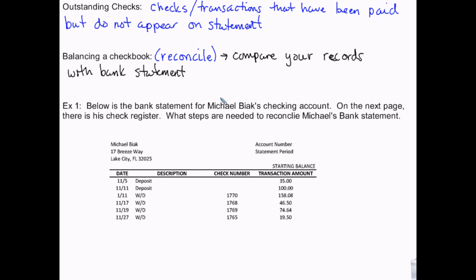And then you're going to do some math because, like I said, their dates and your dates, so their transactions and your transactions, and when things fall into the bank won't necessarily match. So you're going to compare your records with the bank statement and calculate to ensure that you have the correct balance.